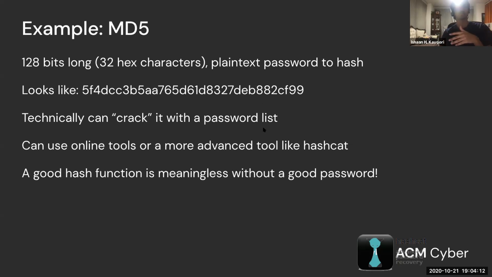You can also use more advanced tools like Hashcat, which I won't get into now, to be able to get a password out of a hash with maybe just a few hints, like if you know the password is a certain length, or if there are digits in certain places.